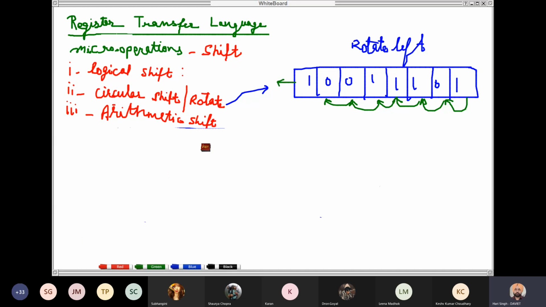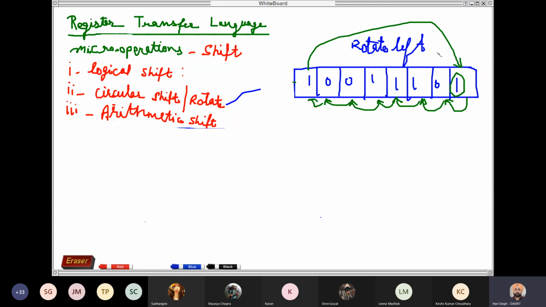But in circular shift, the last bit will be shifted to the vacant position. The vacant position, in logical shift we place 0 here, but in case of circular shift, in case of rotate operation, the last bit, that is MSB, will take the place of LSB.